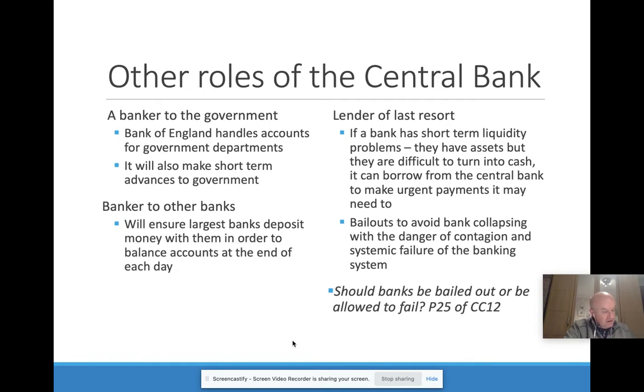It talks a little bit more about the lender of the last resort, but also gives you some ideas as to how you might structure your thought process, how you might evaluate whether banking bailouts would be a good thing or a bad thing, and that's something that you could give some consideration to when you're going through these slides and making sure that you've got a clear idea of what's included in the CC12 booklet.